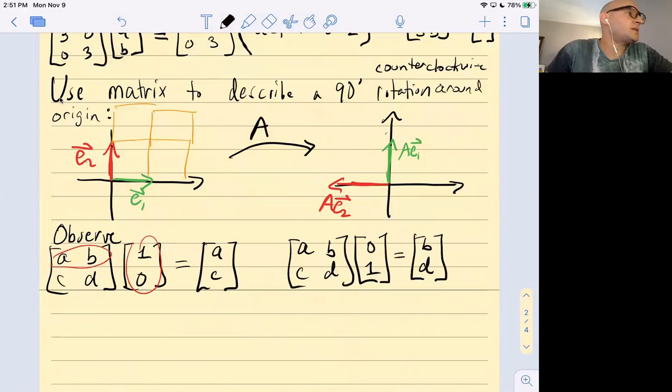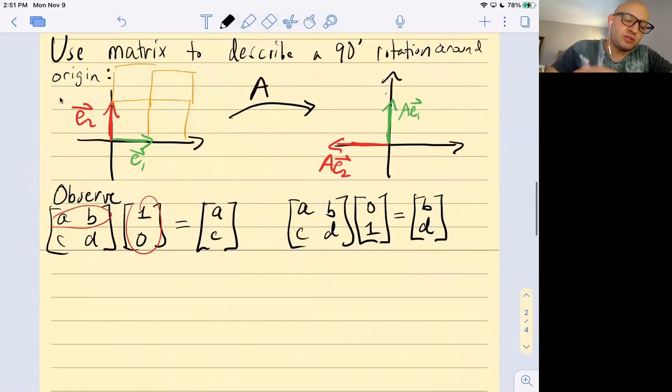So what this tells us is that if we want to build a matrix that accomplishes what we're drawing in the picture, we know where E1 goes, so we can design our matrix so that the first column is the result that we want.